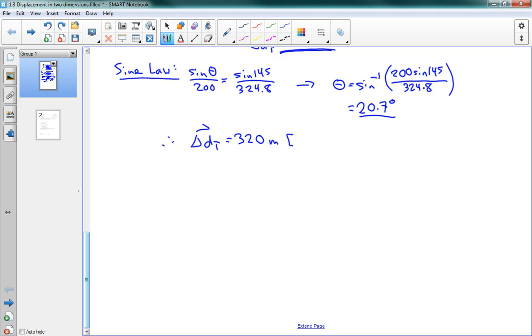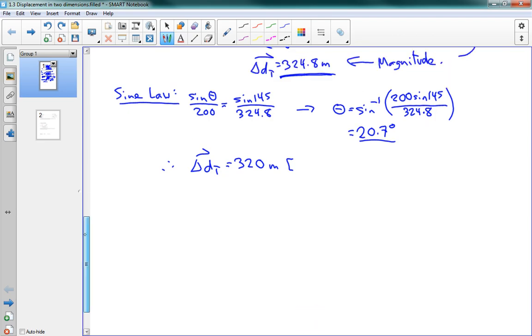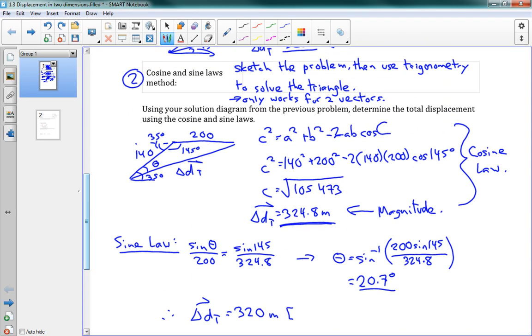Now, finally, we need to find our angle, and I've got our angle here, theta, but what we actually want to find is this angle here from east. So we can say that the total angle is 35, and theta comes out of that.